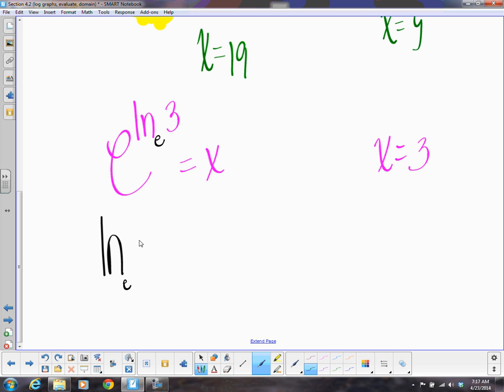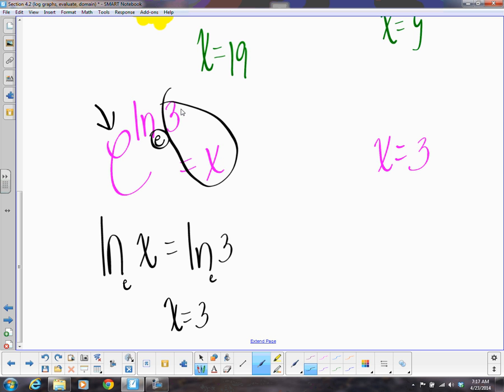What's the answer? X. What's the exponent? ln 3. Now, are the bases the same? So what must x equal? 3. So when the base of the exponential piece is the same as the base of the logarithm, this is what happens.